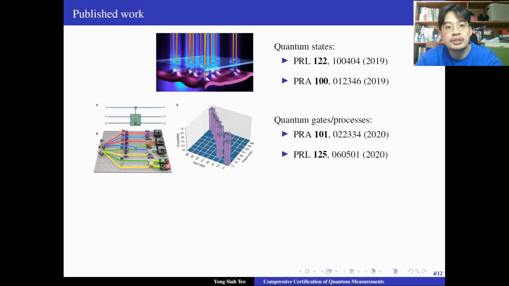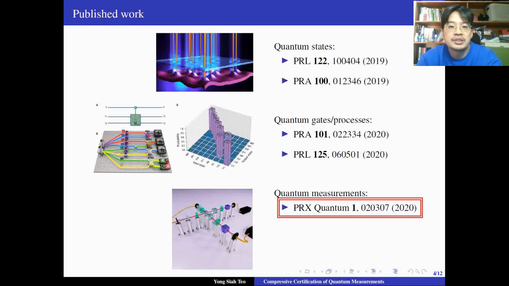So in 2020, we started working with groups in Moscow and Postech in South Korea to characterize spatial mode optical fibers and photon polarization unitary gates. That's this year. So today, we shall discuss our latest work on compressive quantum detector tomography, CQDT for short, also published this year, which is the first application of compressive characterization of quantum measurements, at least to our knowledge.